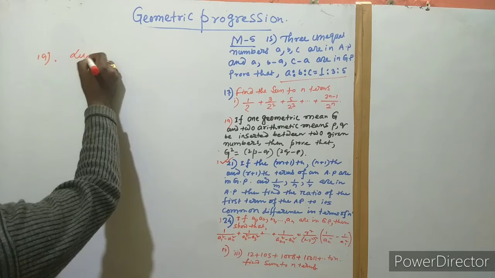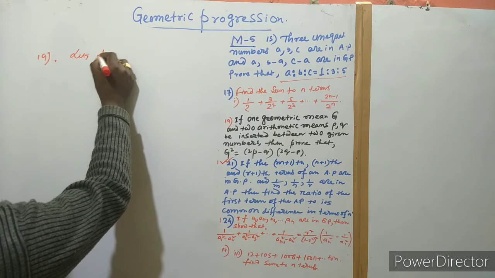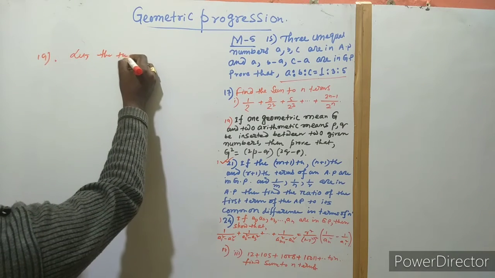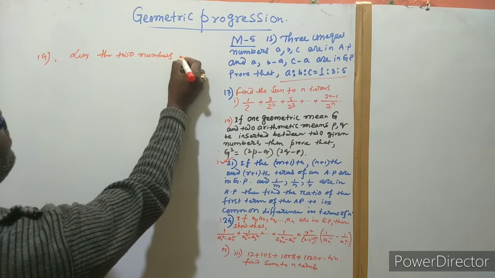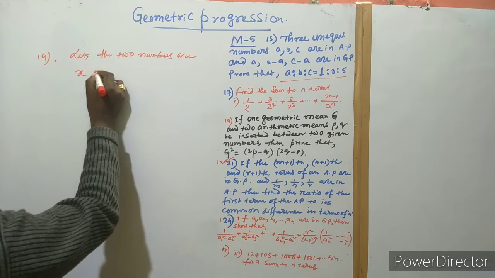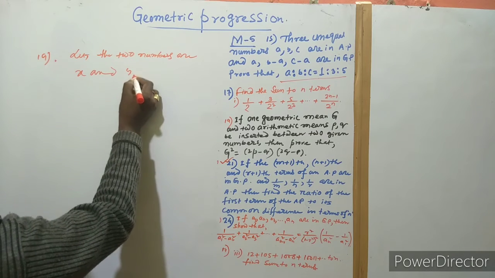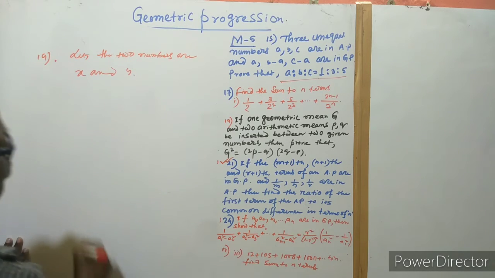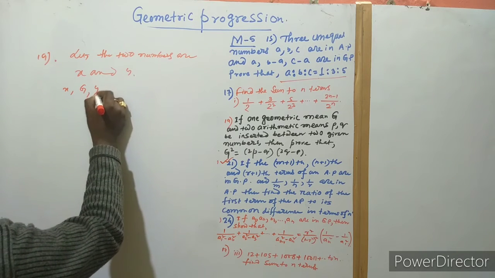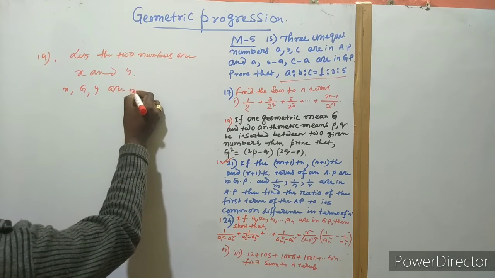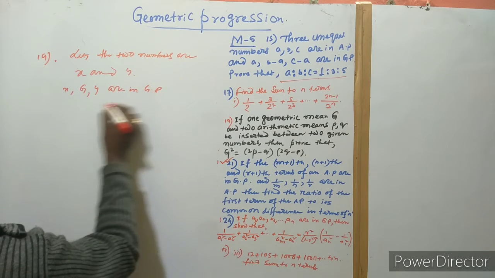Let the two numbers be x and y. Okay. So x, G, y are in GP.